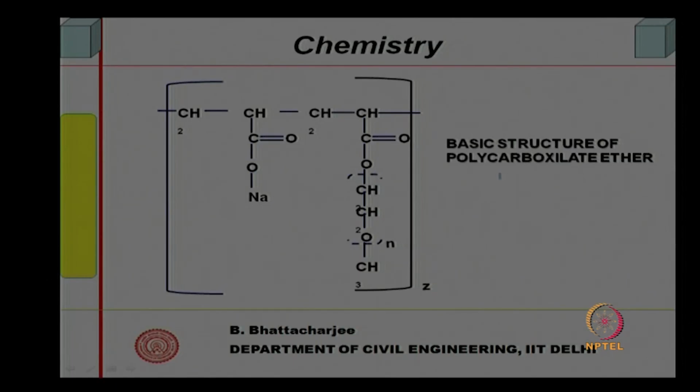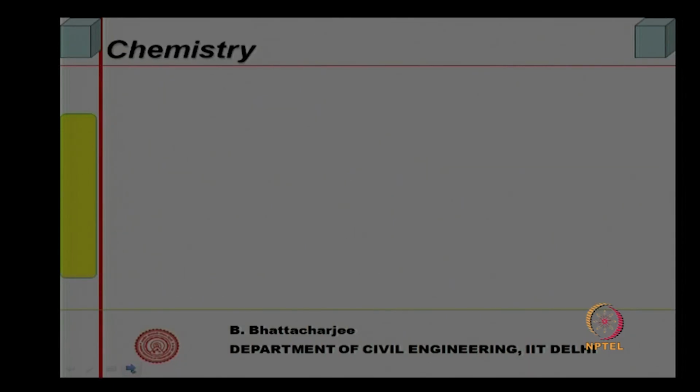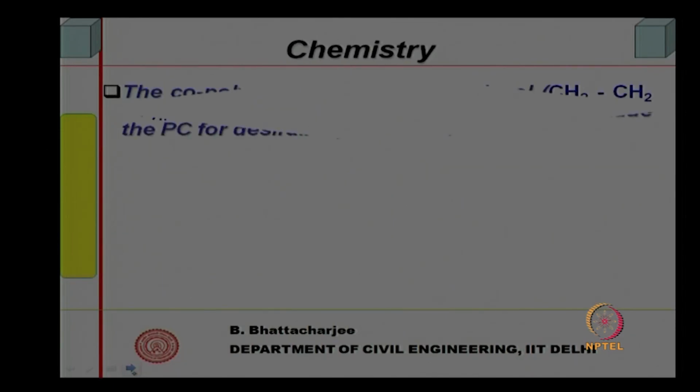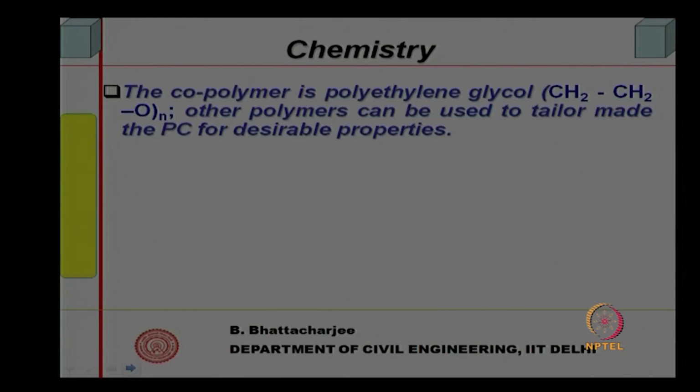So, this is the basic structure of polycarboxylate ether, right. So, the ether is here and the idea is like this. The copolymer here is polyethylene glycol, CH2CH2O n. Other polymers can be used to tailor make the PC for desirable properties.